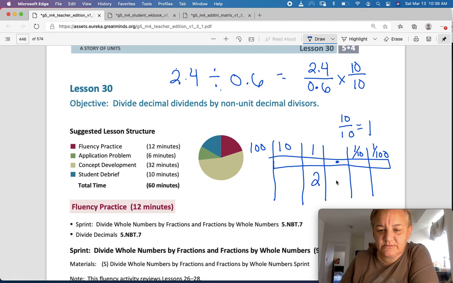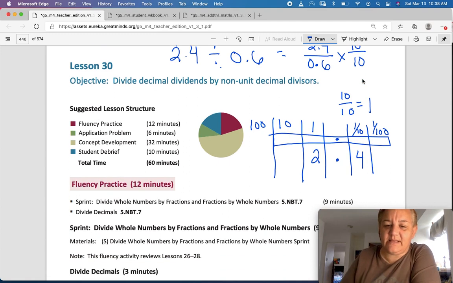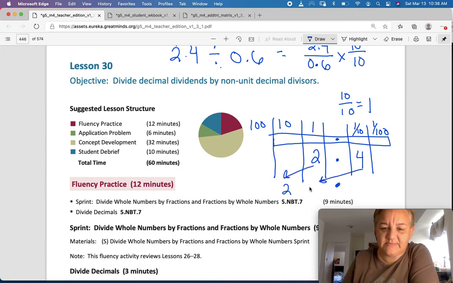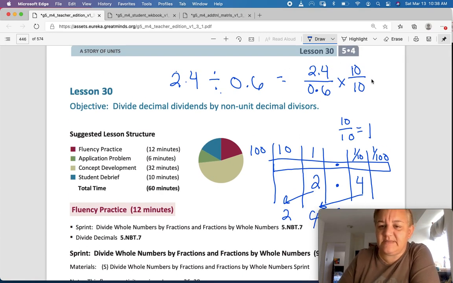So 2 decimal 4/10. And if I multiply that by 10, it just means that I move it over one spot. So my decimal stays here, and the 4 goes there, and the 2 goes there. Do you remember this, multiplying by tens? So this becomes 24.